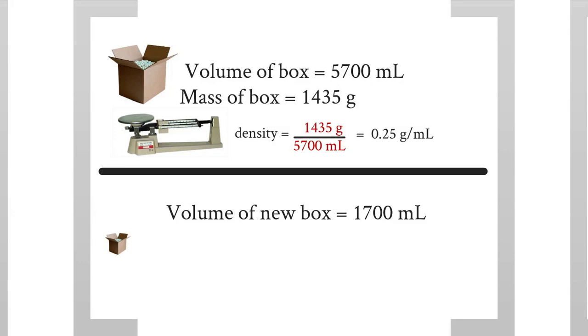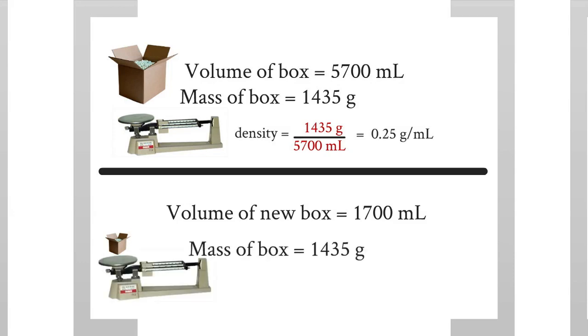Now, the mass of the new box is the same because we took everything inside the old box and we squeezed it into the new box. So the mass of the new box is 1,435 grams. Now, the density. Density is mass divided by volume. So in this case, it's going to be 1,435 grams divided by 1,700 milliliters.